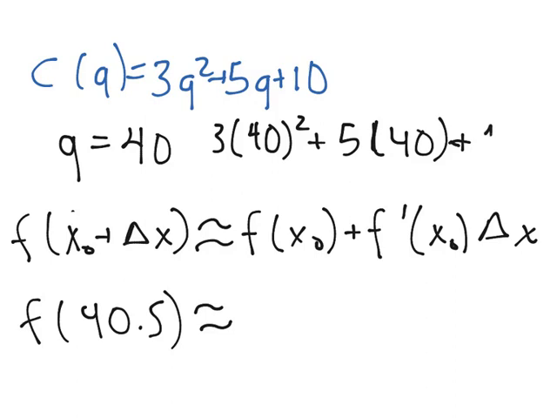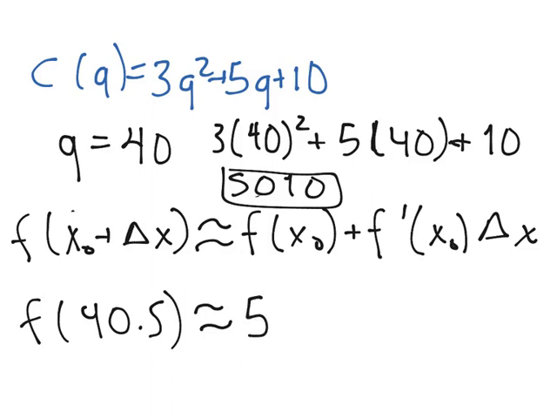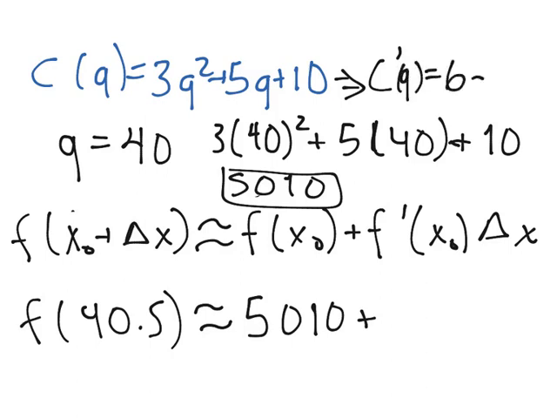So if we solve for C of Q when Q is equal to 40, we get that this is equal to 5010. And so we find that f of x naught is 5010. And then f prime of x naught, so we find C prime of Q. That's just equal to 6Q plus 5.